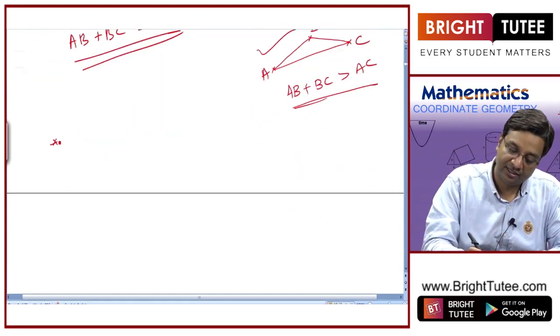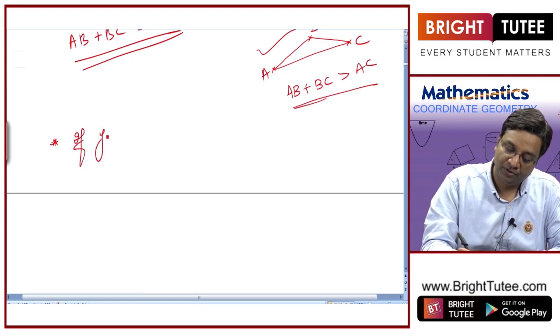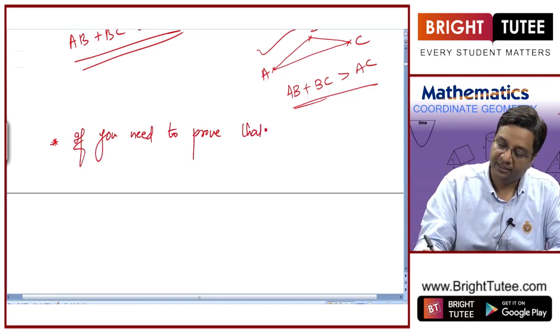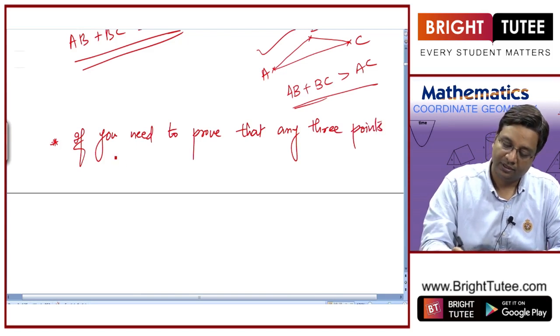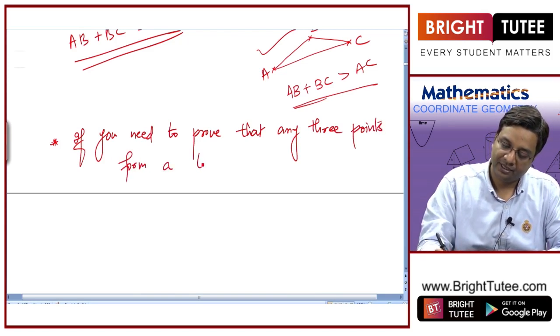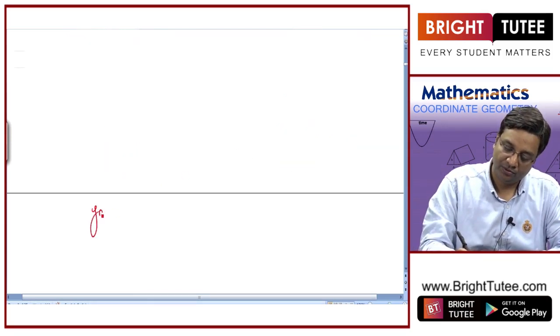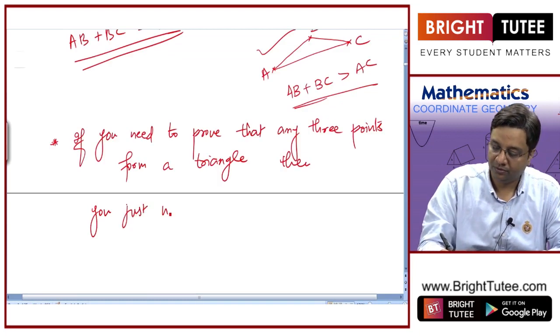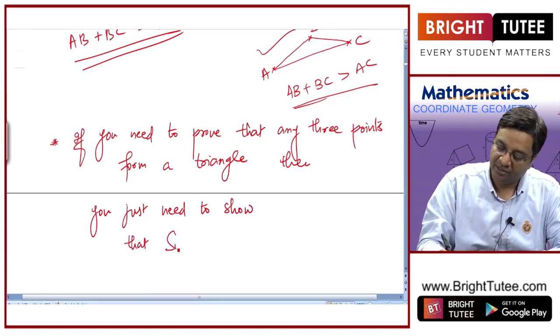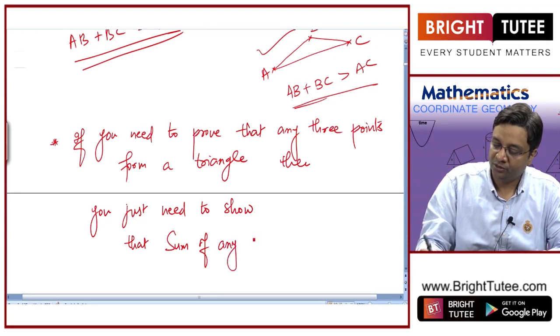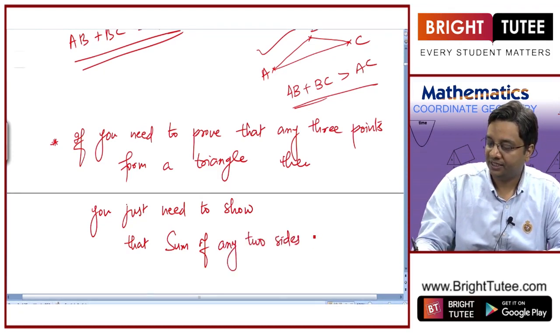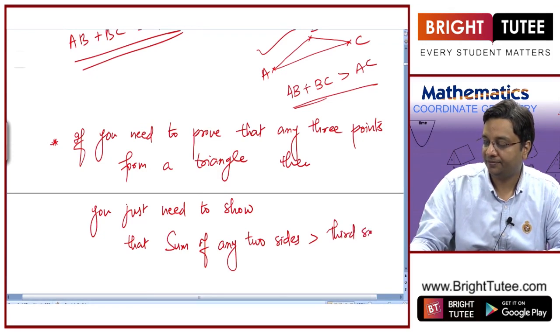Here we can write the second result also. If you need to prove that any 3 points form a triangle, then you just need to show that the sum of any two sides is greater than the third side.